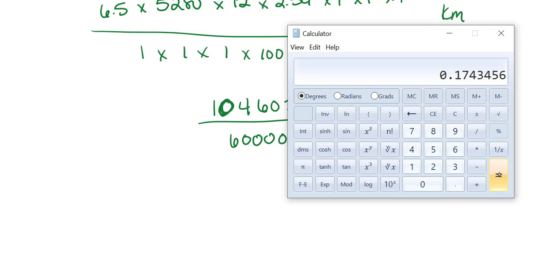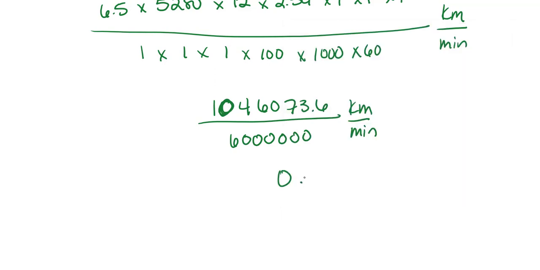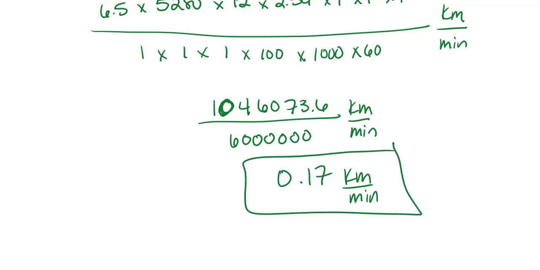And what do we get? Well, we get 0.17. We'll just round to the nearest hundredth. 0.17, and this is in kilometers per minute. So that's how fast the person is running.